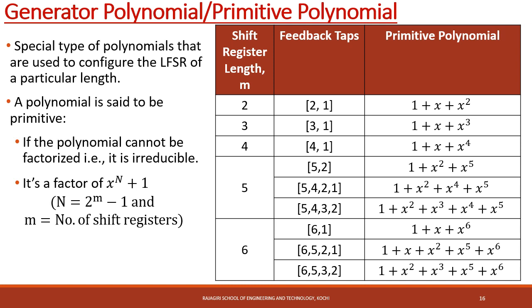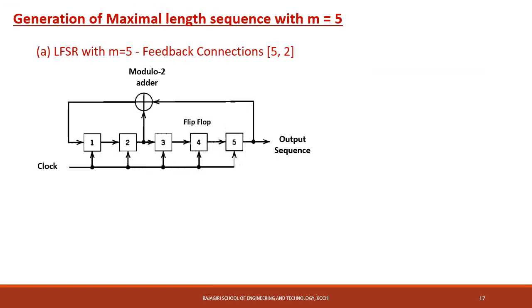So now let's compare the PN sequence generated for m equal to 5 using 2 sets of feedback connections. Here we have taken the feedback taps to be 5, 2. So we have taken the feedback from the 5th flip-flop as well as from the 2nd flip-flop, and the output is fed back to the 1st flip-flop.